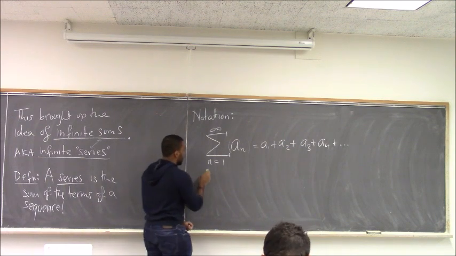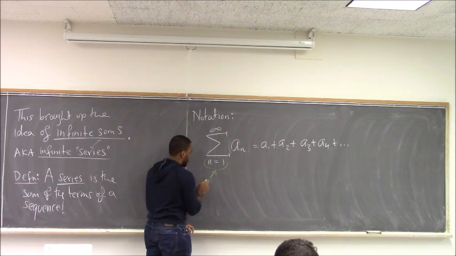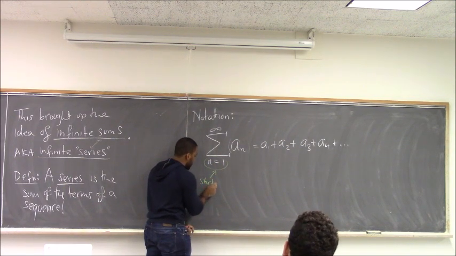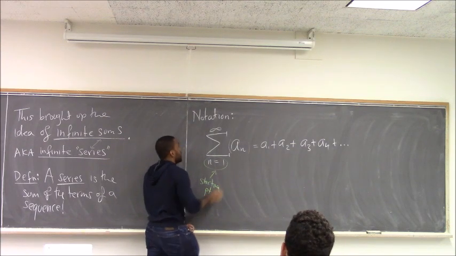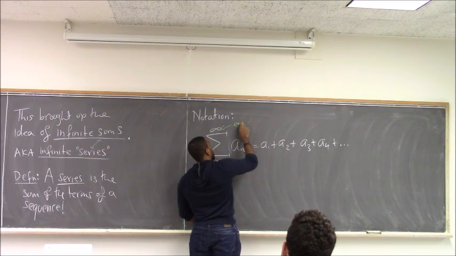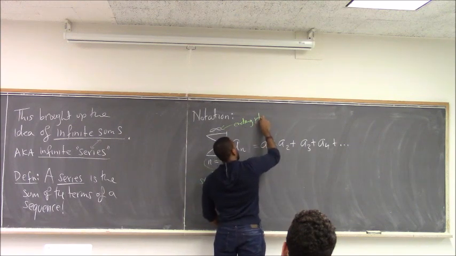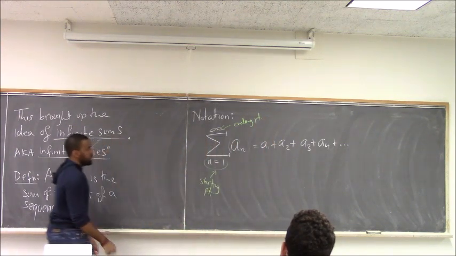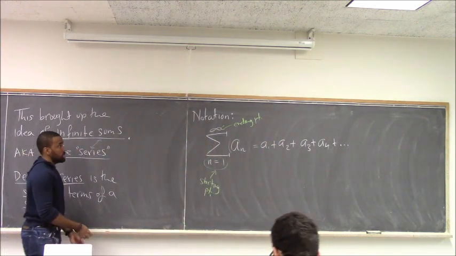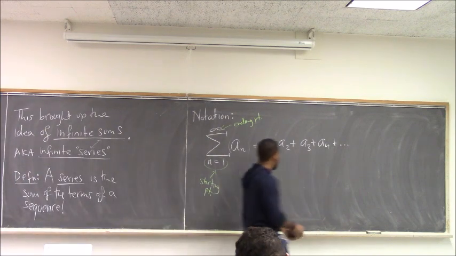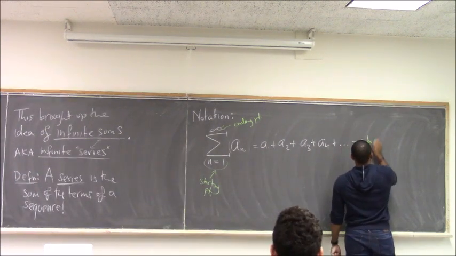So like with the sequence notation, this here tells you the starting point. This here tells you the ending point. Right. When I write that expression, I'm talking about a series. So this guy here is an infinite series.